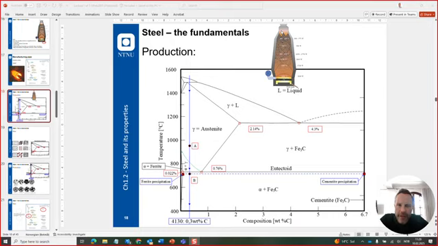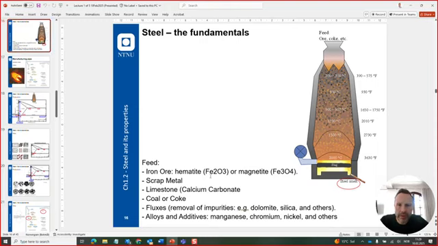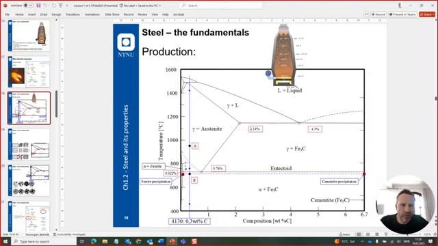Adding that as a side comment, what we call rust, the corrosion product of steel, would be these two, hematite and magnetite, which is what we are producing steel from again. So steel in its corrosion process just goes back to its original state in nature. That's what it does.